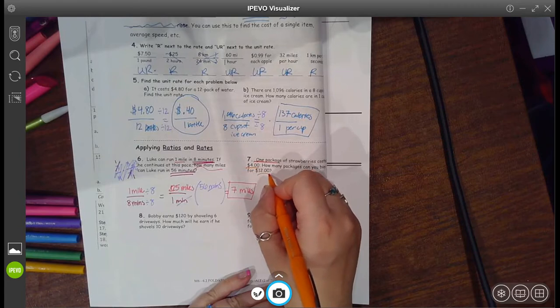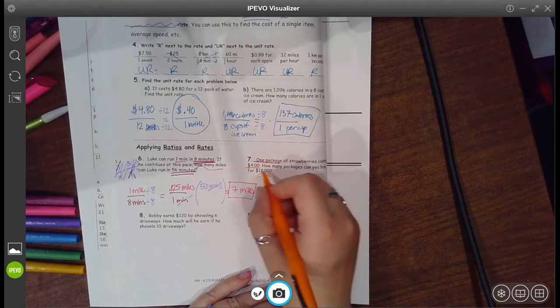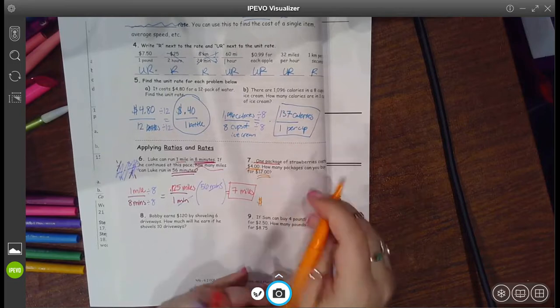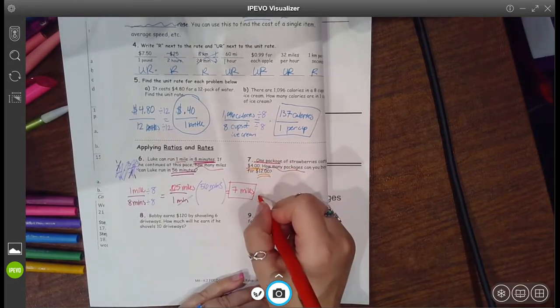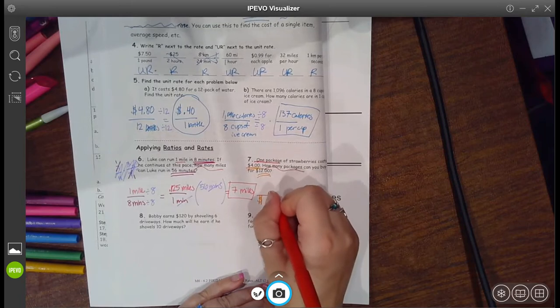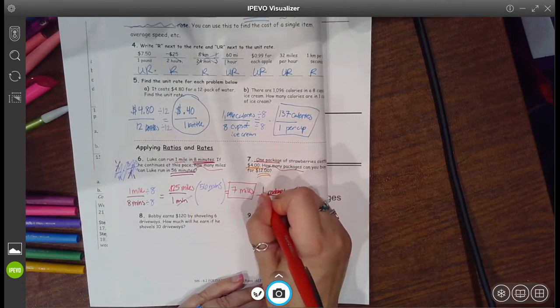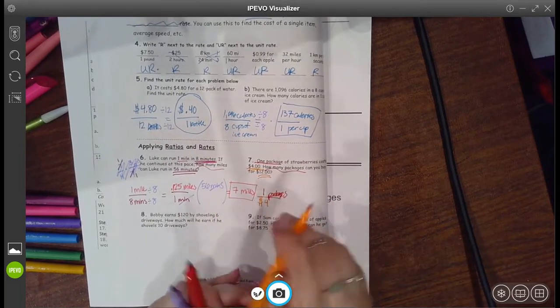Okay, remember how we said whatever they said twice is what's going to go on the bottom. So my unit of money is going to go on the bottom. And then it says how many packages, so that's going to go on top. So that first sentence said one package costs $4.